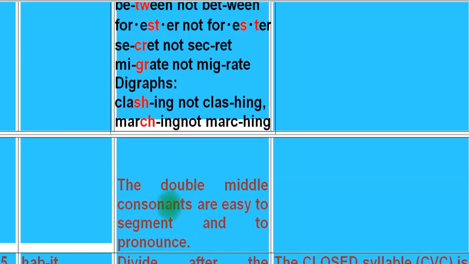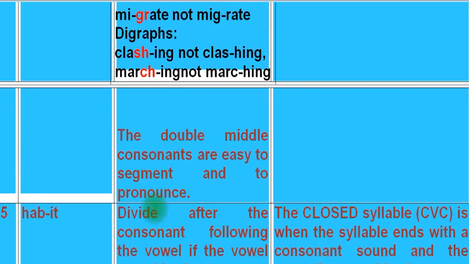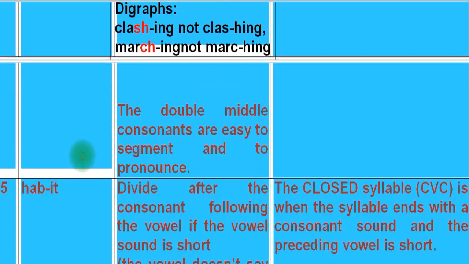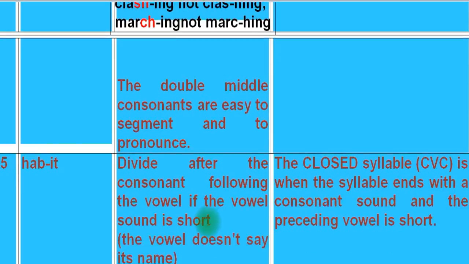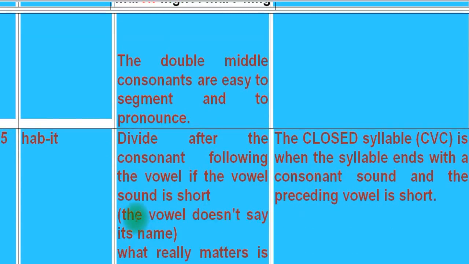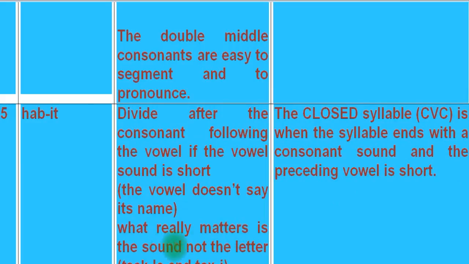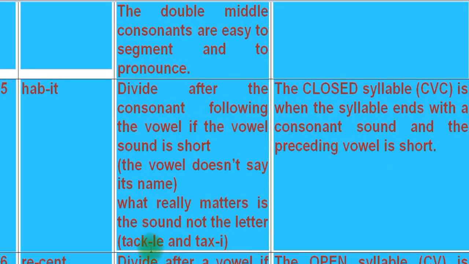The double middle consonants are easy to segment and to pronounce. 5. Habit. Divide after the consonant following the vowel if the vowel sound is short. Short means the vowel doesn't say its name. What really matters is the sound, not the letter.